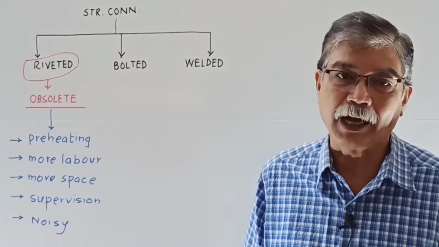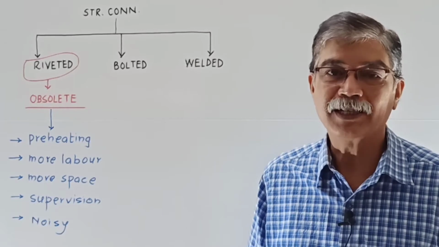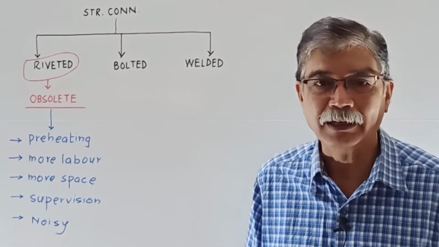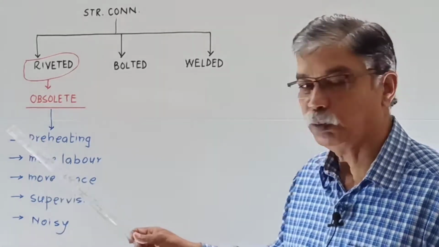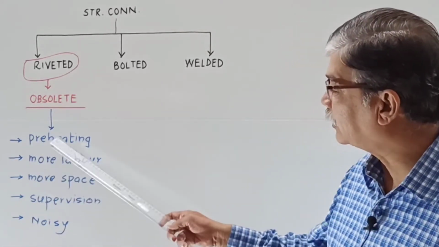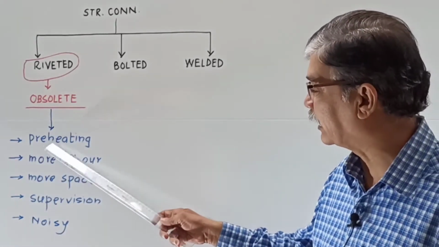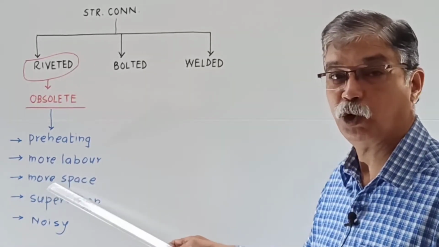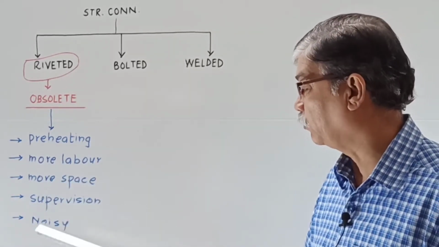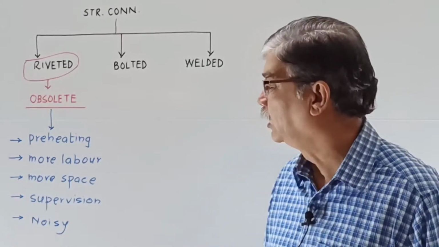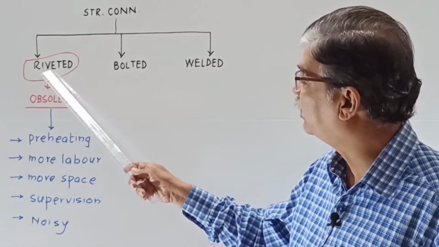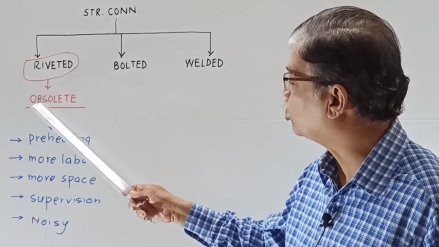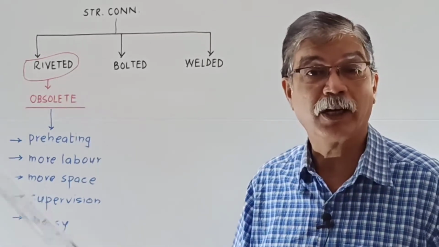At the same time, as the process is done by hammering, this process is noisy, making noise pollution. So these are some reasons: preheating is required, more labor is required, more space is required, supervision and noise pollution. These are the reasons due to which this process of riveting has become obsolete. They are not at all used nowadays.